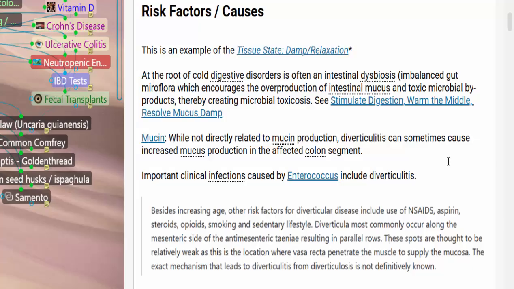Constipation is to be avoided. When you have those diverticula, you do not want to be forcing fecal material into those pouches. That's a big no-no. Besides increasing age, other risk factors include the use of NSAIDs like aspirin, Tylenol, steroids, opioids, smoking, and sedentary lifestyle.